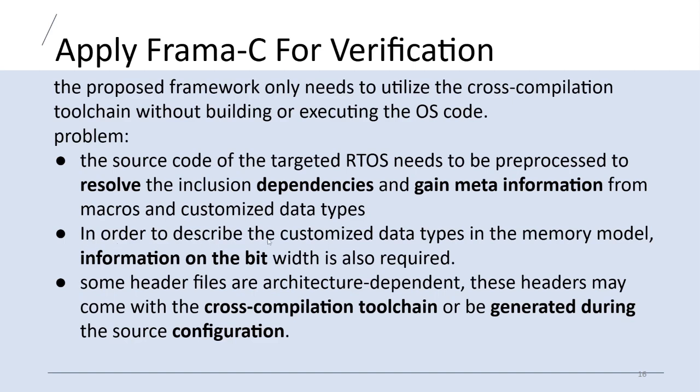In order to describe the customized data types in the memory model, it will require information on the bits. Some header files are architecture dependent. This header may come with a cross-compilation tool chain or be generated during the source configuration.